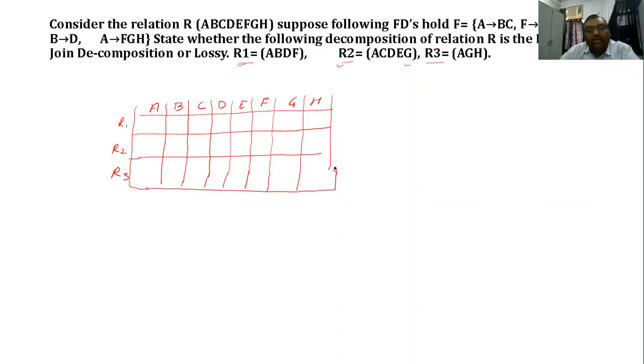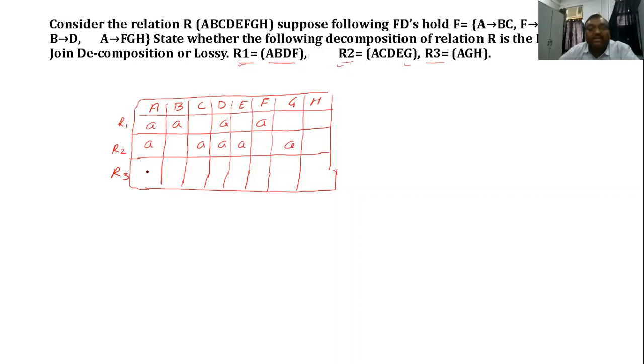I hope all of you understand up to this point. Now, in decomposition R1 we have A, B, D, F, so in those places write small a. In R2 we have A, C, D, E, G, so write small a there.